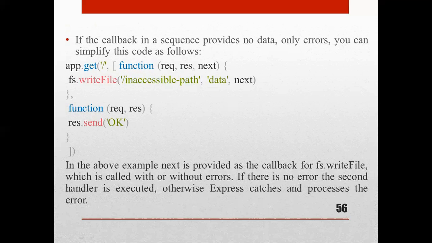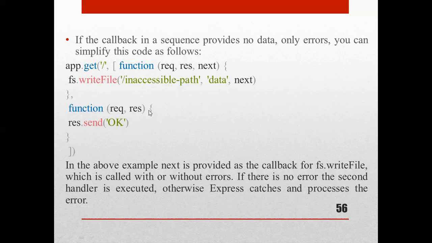So we can simplify this code like here: a get function with the parameters request, response and next. Then fs.writeFile is the callback here, with the path and the data: an inaccessible path, data, comma, next. This is the callback. Then a function with request, response, and response.send('OK').